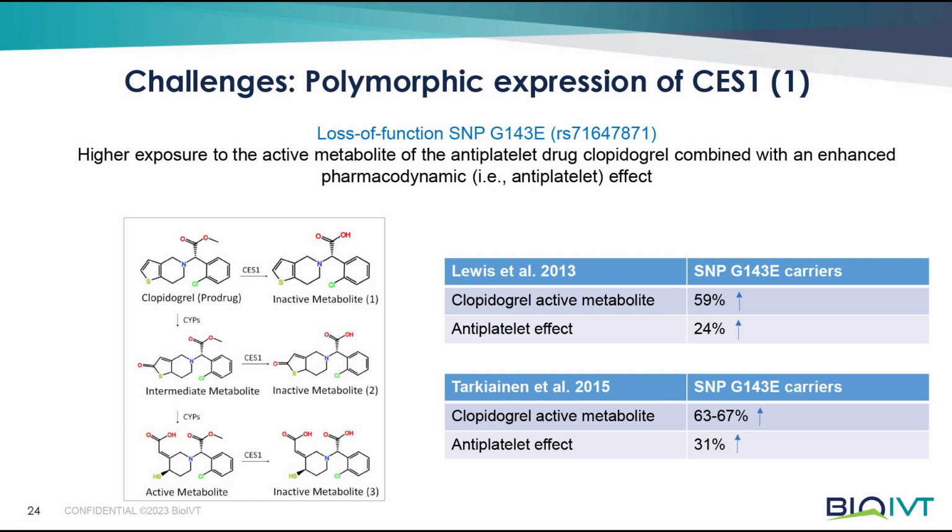But it is what it is, it's still used, and you can see across 2 different studies, the active metabolite is increased anywhere from 60 to 67%, and in concordance with that, pharmacodynamic effects, antiplatelet effects, anywhere from 24 to 31% increase. So we've got both the pharmacokinetic and the pharmacodynamic evidence here across 2 different papers that a SNP in carboxylesterase 1 can in fact affect clopidogrel's efficacy.